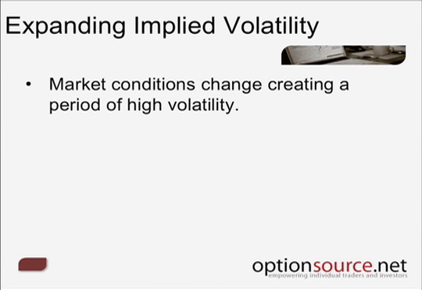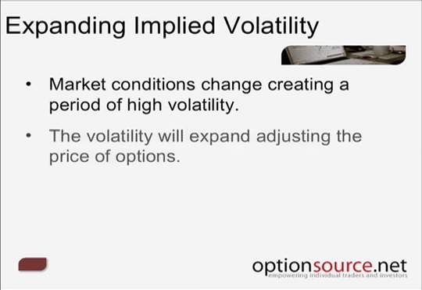So in other words, if we want to buy the option contract or sell the option contract, if the underlying security is now believed to have a high probability of making a more significant move, it becomes more of a risk for the market maker to take that opposite side of the trade. And consequently, when these conditions change, we see implied volatility expand to reflect this risk.